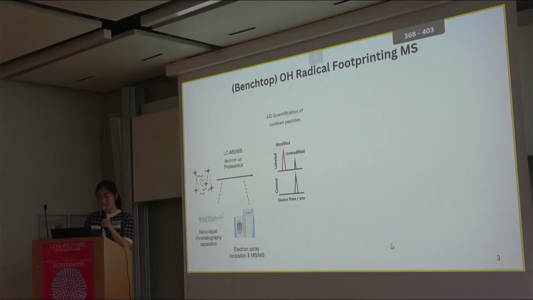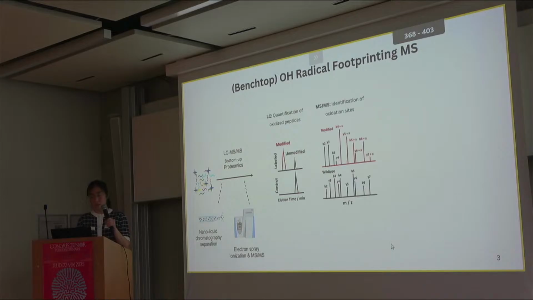From the liquid chromatography part, we can quantify oxidized peptides. And from the mass spectrometry side, we can identify precisely the oxidation sites, because OH radicals modify amino acids by already known mass.